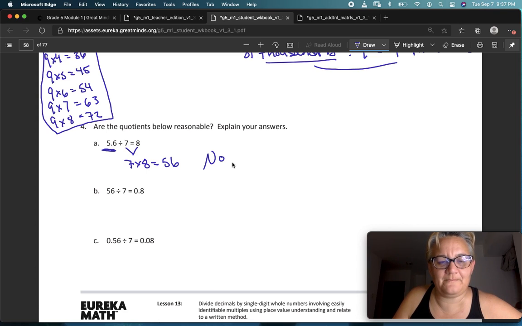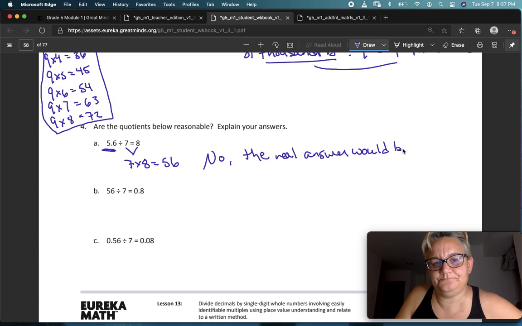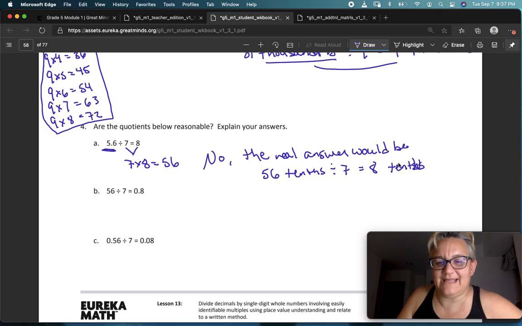No. The real answer would be, well, let's see, that's 56/10 divided by 7 equals 8/10. And I would write that, as 8/10 would be 0.8. Okay?